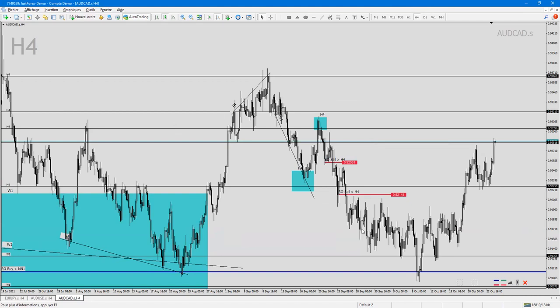On the monthly level, we are looking for trades. I mean, this level, it came back to the monthly level. So I'm looking for setups on the daily.